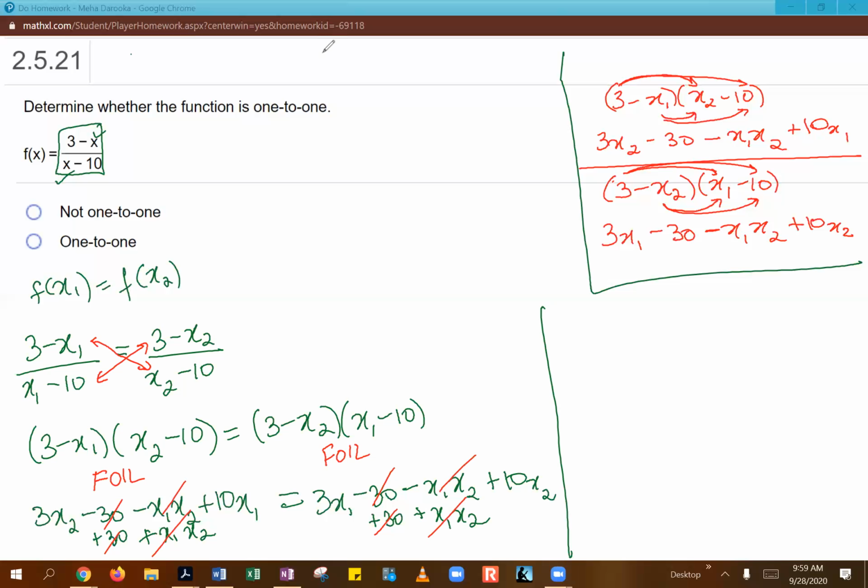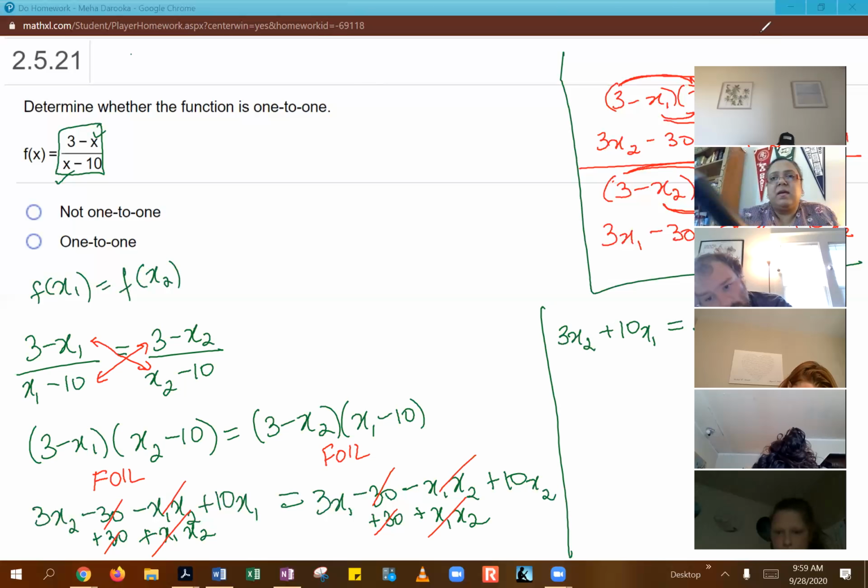So half of those terms just cancel out, leaving us behind with, on the left-hand side, 3x2 plus 10 times x1. And on the other side, we have 3 times x1 plus 10 times x2. Okay.